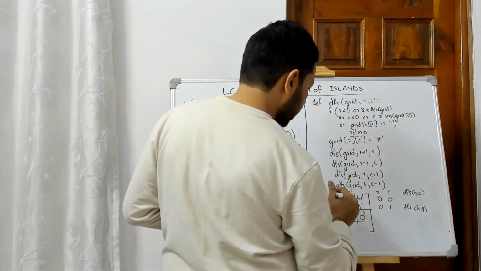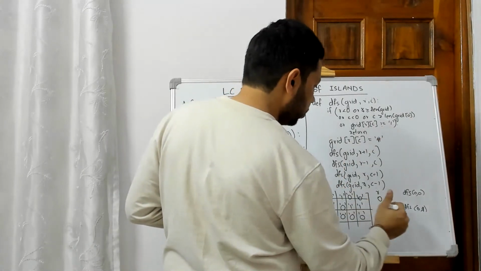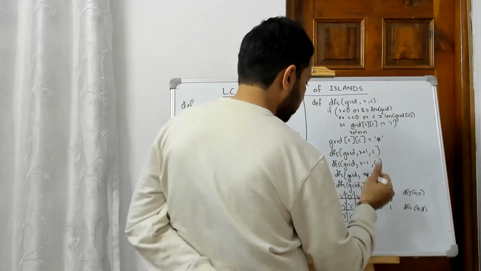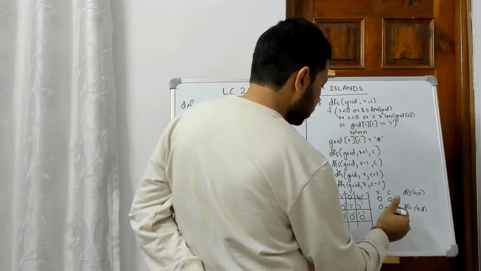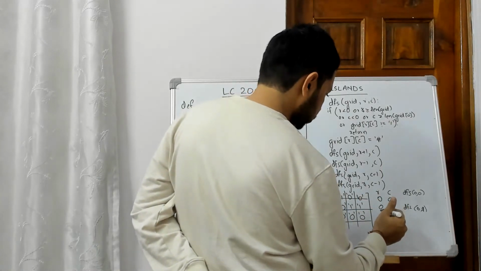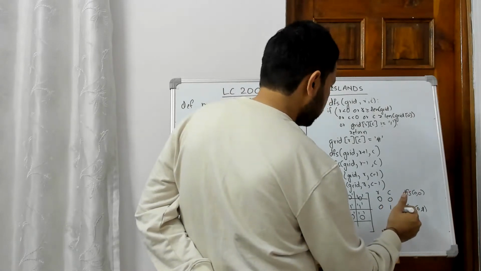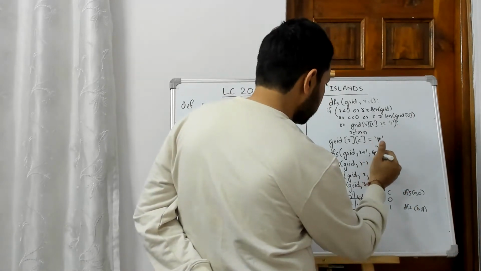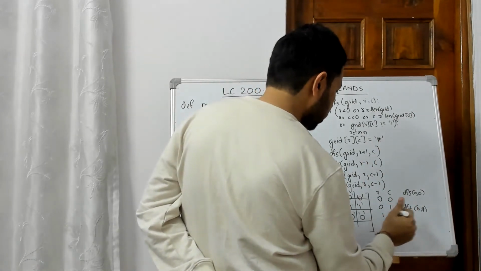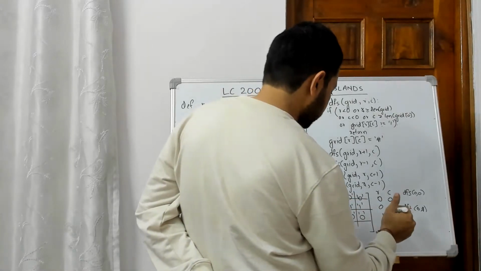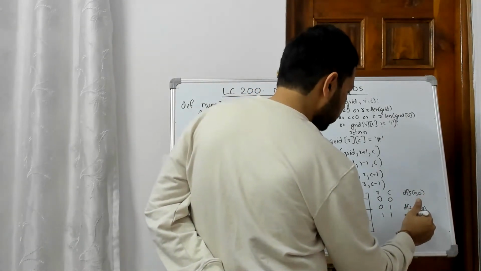So you set it to hash and then you go one more step deeper. Then R plus 1, C, which means 1 comma 1.